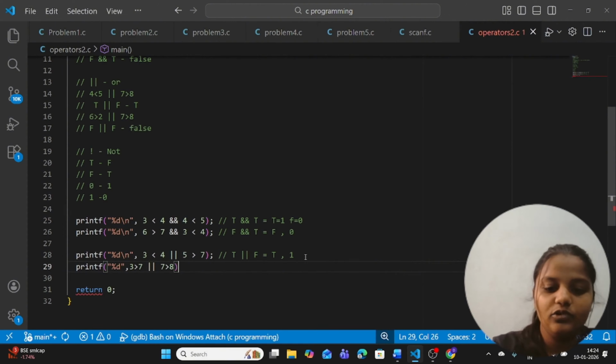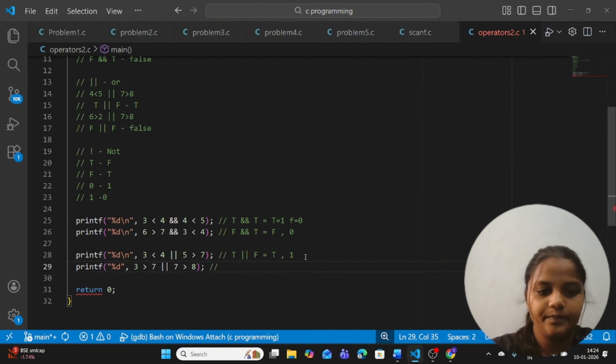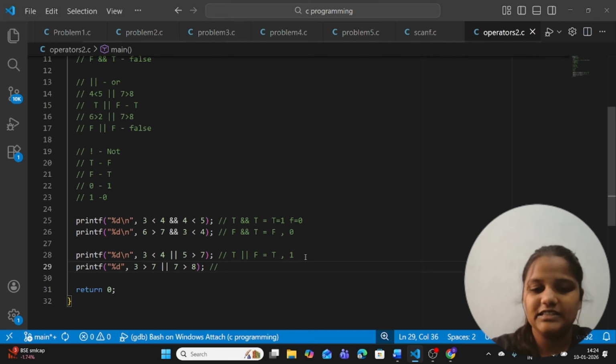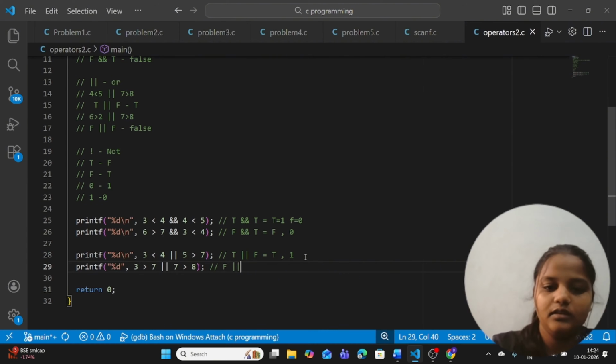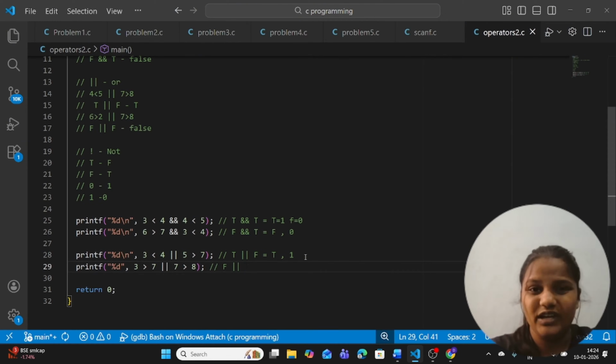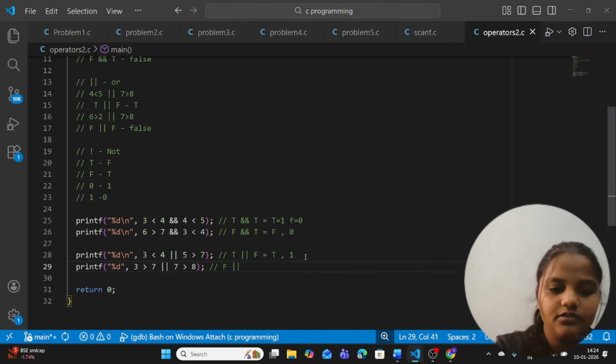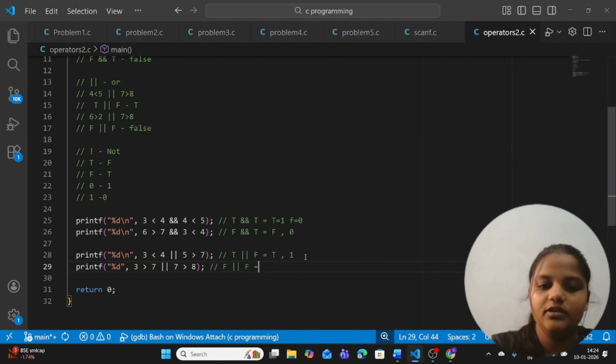Here, both the conditions are false, right? 3 is not greater than 7, so it is false. Or 7 greater than 8? No, 8 is greater than 7. So here also false. Both are false. Then what will be our output? The output will be 0, and it is false, right?